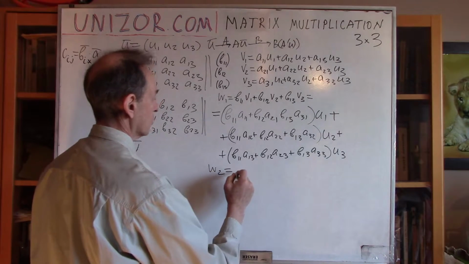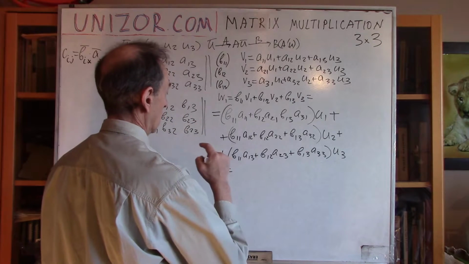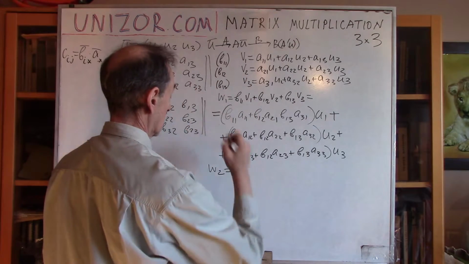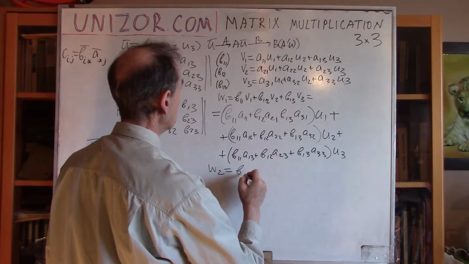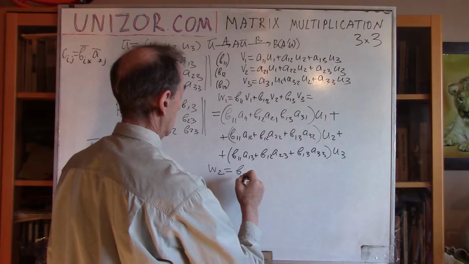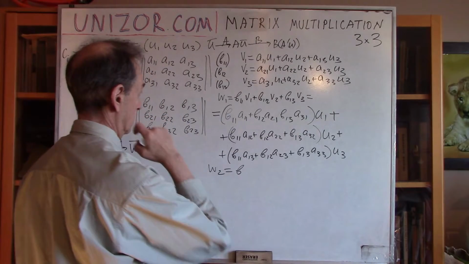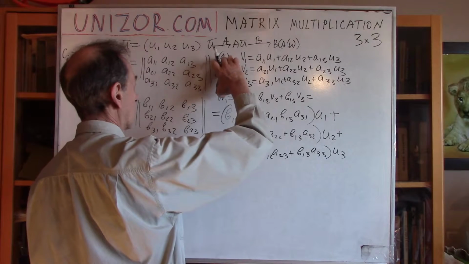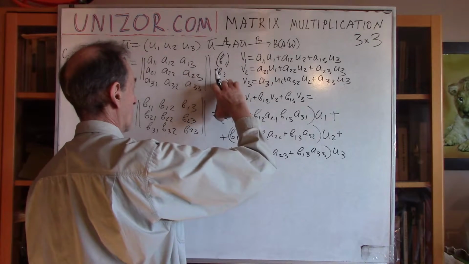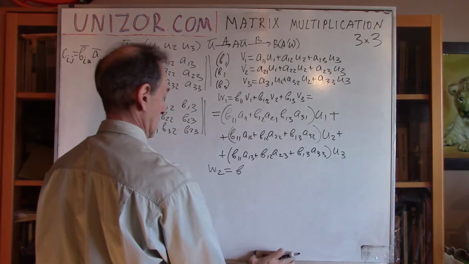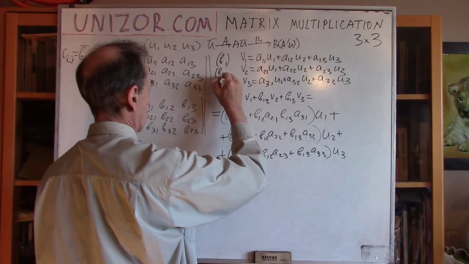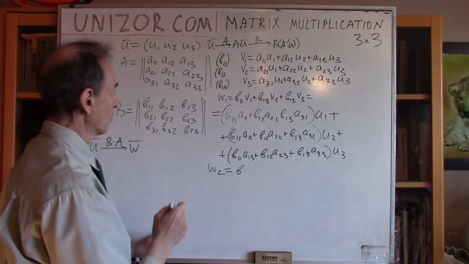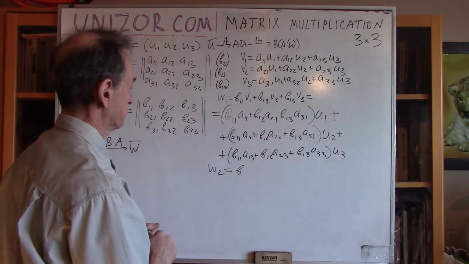W2 is equal to, now I will have to multiply B2. B21, B22 and B23, right?